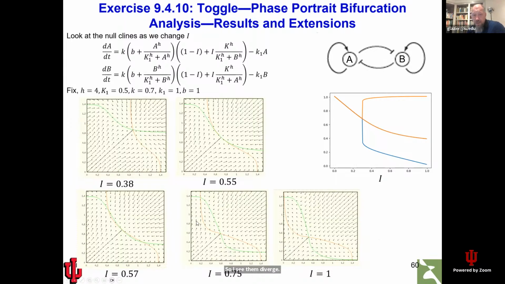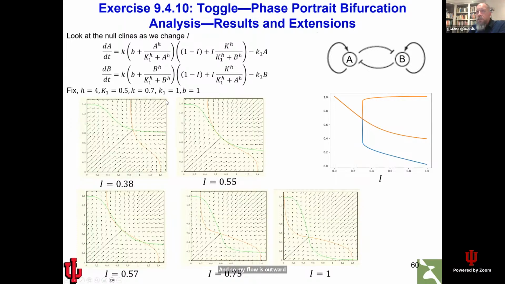Now, if I flip time, these vectors will flip direction, because these are the flow in time. And so what happens here? For small values of I, this stable fixed point becomes unstable, and so my flow is outward everywhere.